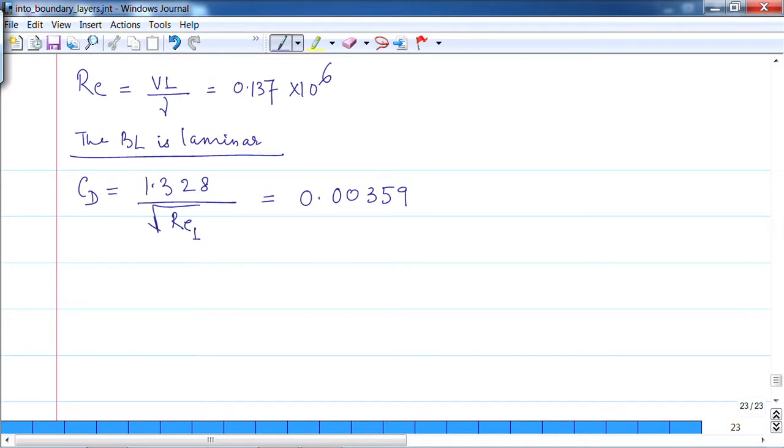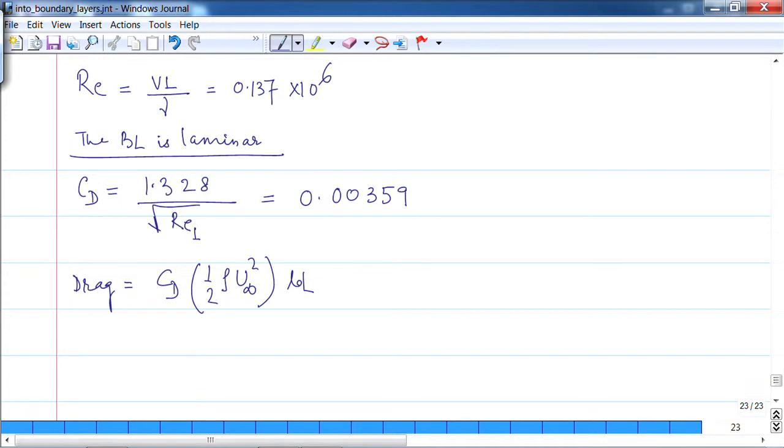So therefore drag is equal to CD into the dynamic pressure, half rho V squared, into the area. So CD is known, density is known, the velocity is known.